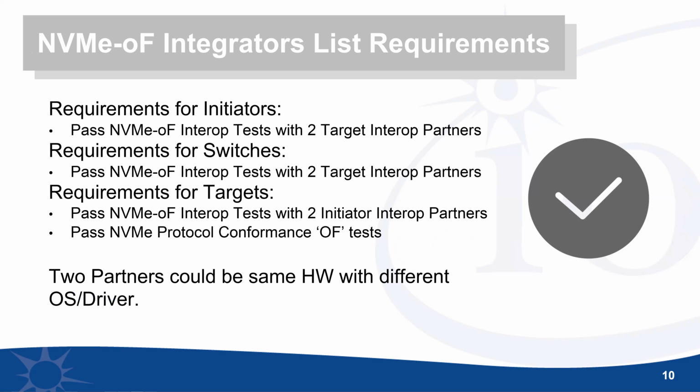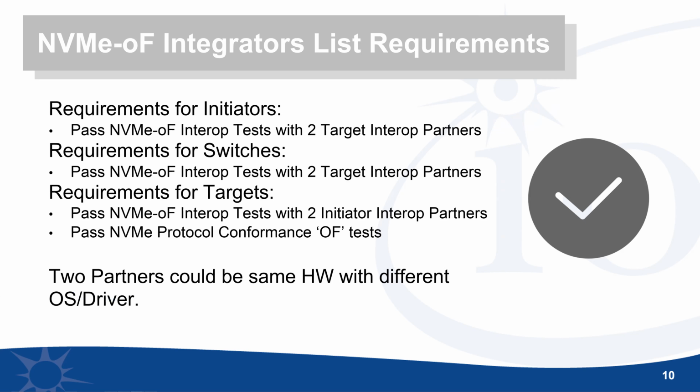In order to get on the integrators list, there are some basic tests you need to perform. If you're an initiator or a switch, then you will need to perform interoperability testing, and you'd have to do that against 2 target interop partners. And if you're a target, then you would need to perform interop testing with 2 initiator interop partners, but you would also need to use the conformance test software that we write here at the IOL that conforms to the test plans developed out of NVMe.org.